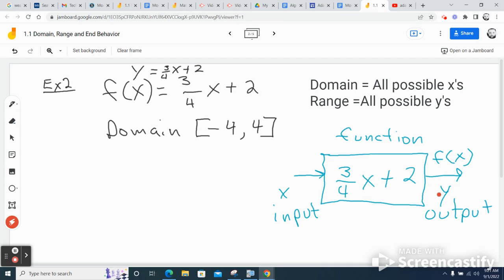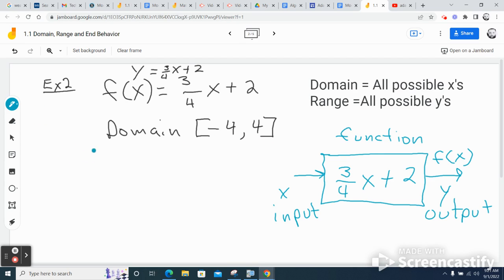Okay? Now, what they're asking us to consider is somehow figure out what that looks like, how that works, when we consider the lowest value of x to be -4 and the highest value of x to be +4.